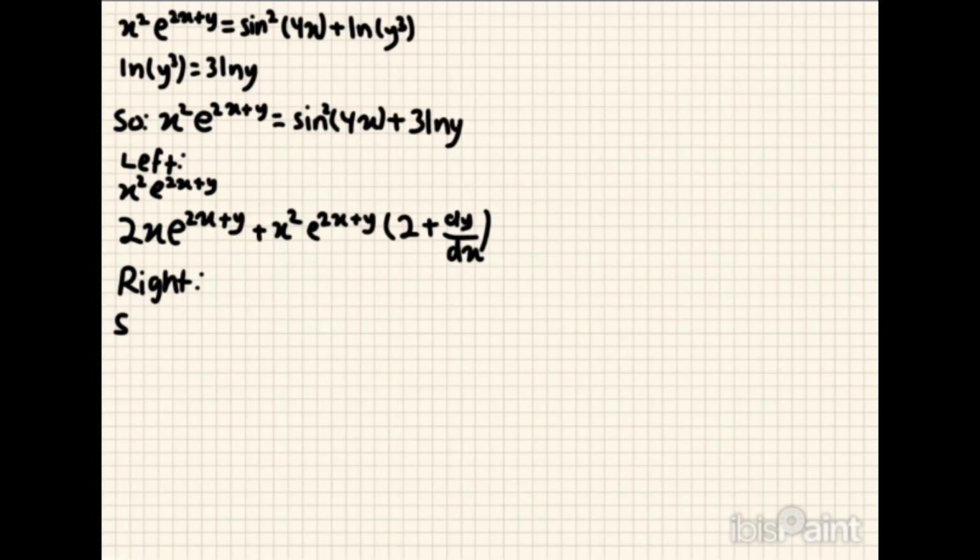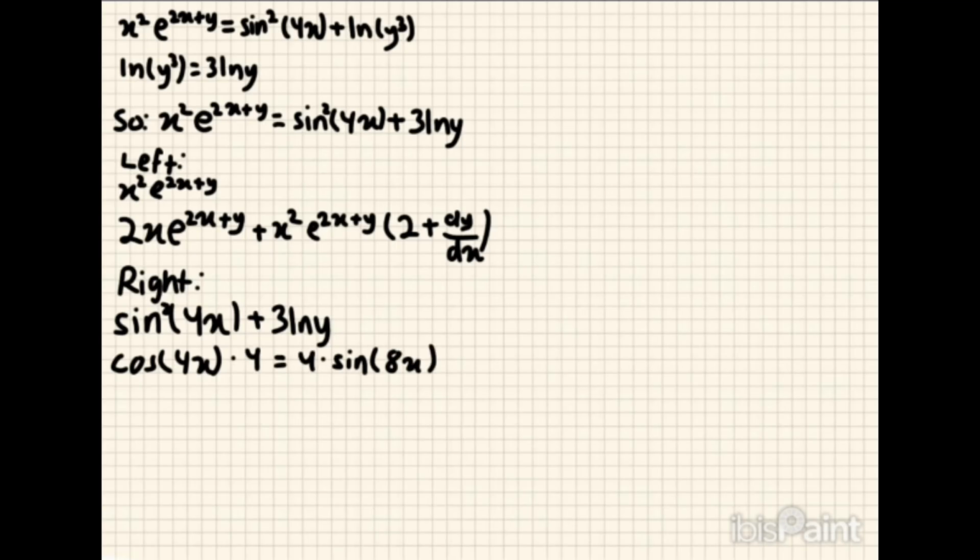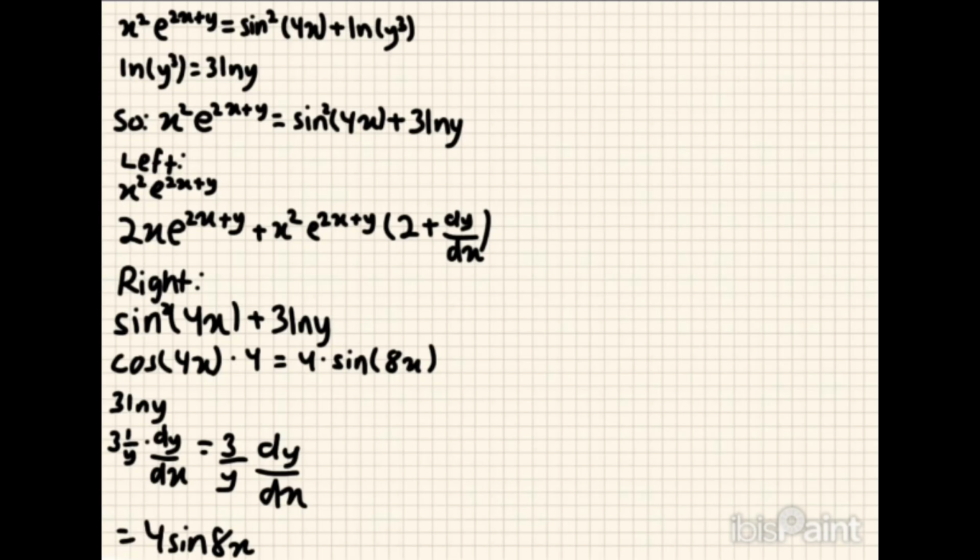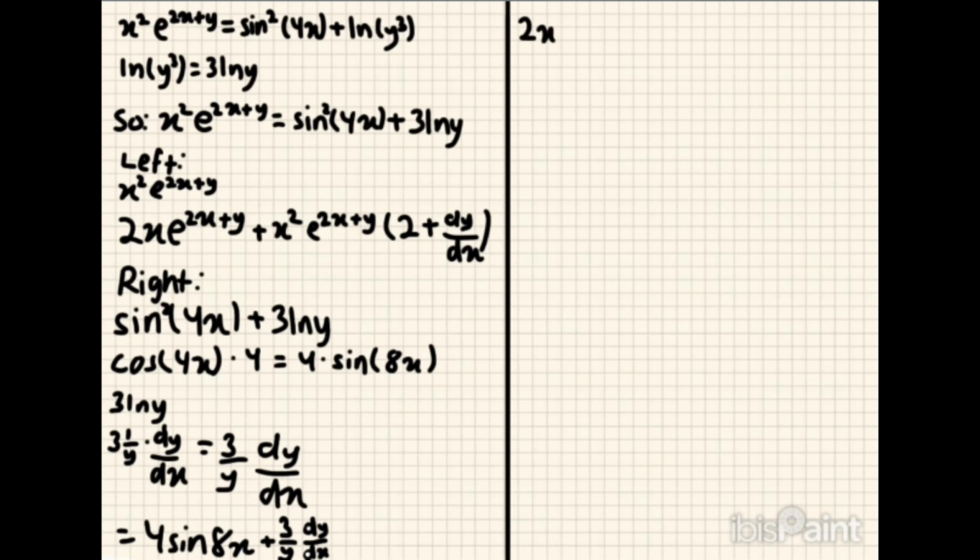Next, we differentiate the right side by using the chain rule. And then we combine the left and the right side.